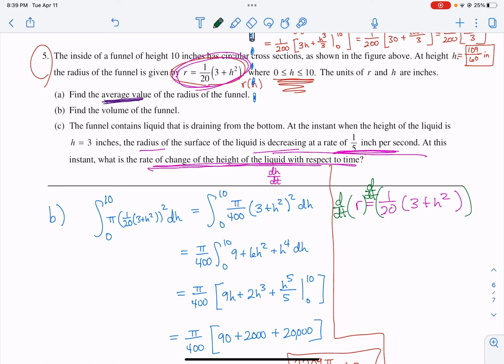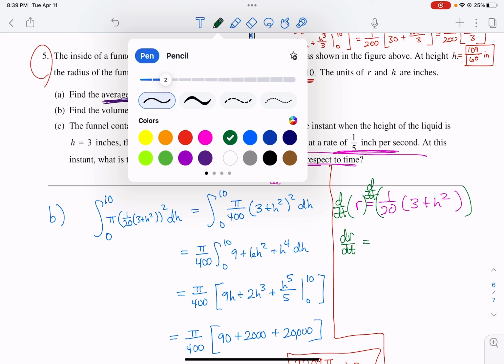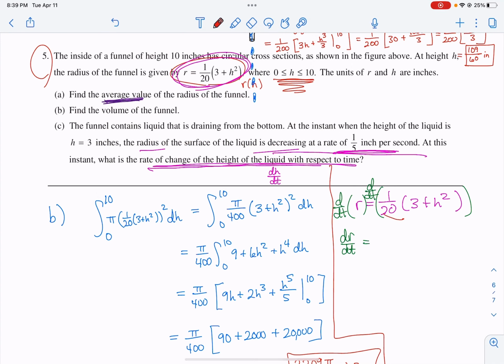And remember, because these letters are different from our derivative, our dt, that means we have to account for the chain rule. So the left side is pretty easy. It's just dr over dt. And let's go ahead and rewrite this inner part so it's easier. This is 3 over 20 plus h squared over 20.